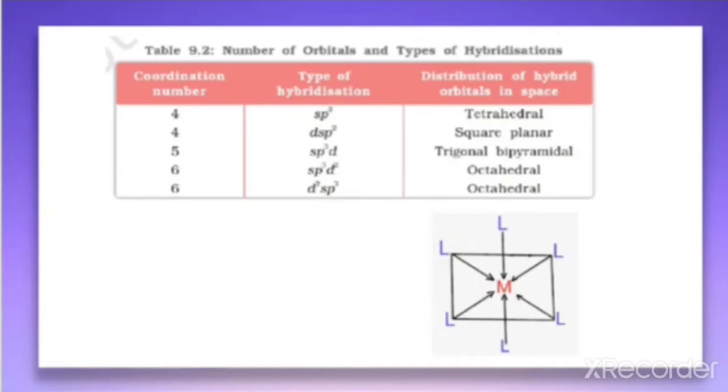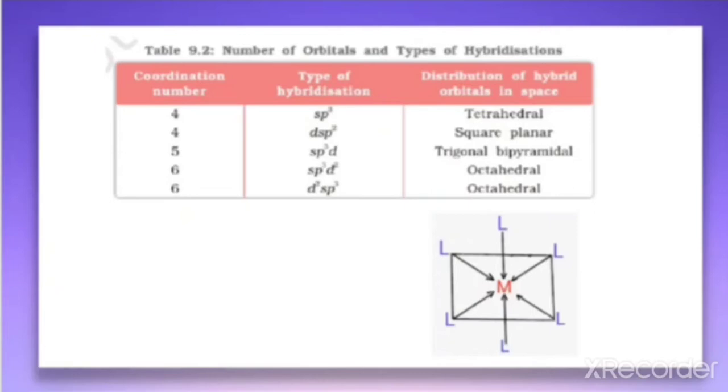When the coordination number is 4, there are 2 possibilities, sp3 or dsp2. If the coordination number is 6, there are 2 possibilities, sp3d2 or d2sp3. But if the coordination number is 5, then there is one possibility, that is sp3d.